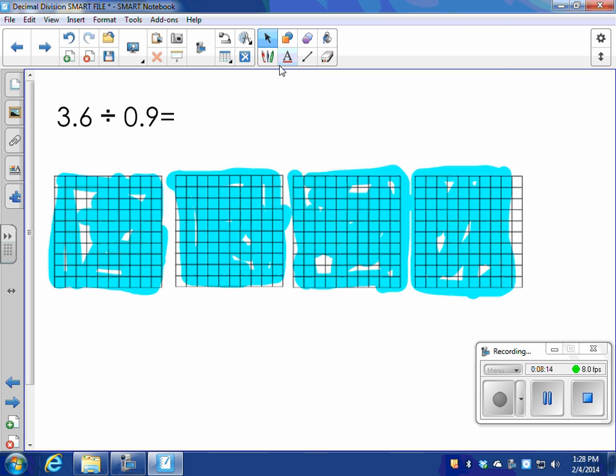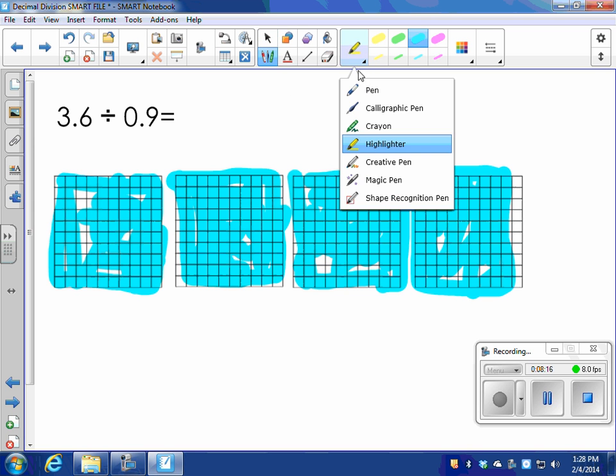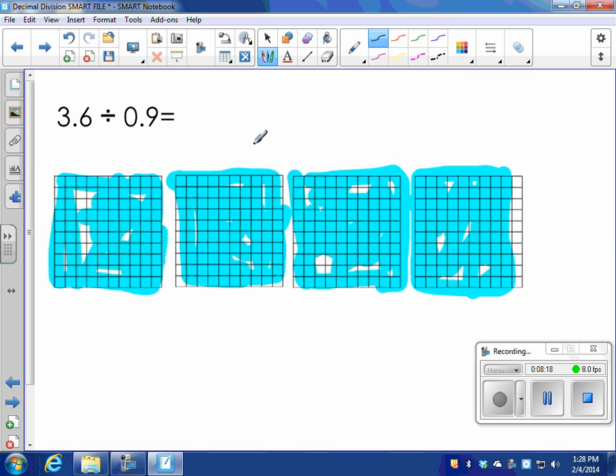Or I'm sorry, I messed up here. It's 3 and 6/10. 1, 2, 3, 4, 5, 6. There we go. That's better. So I have 3 and 6/10 shaded in, and I want to divide it up into groups of 9/10.